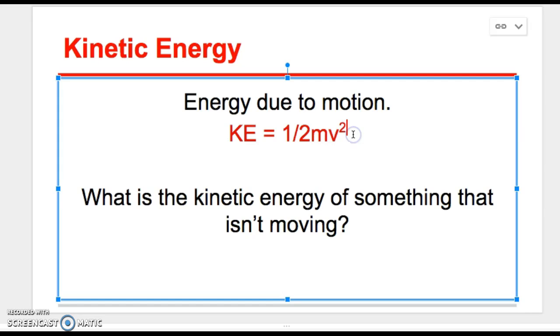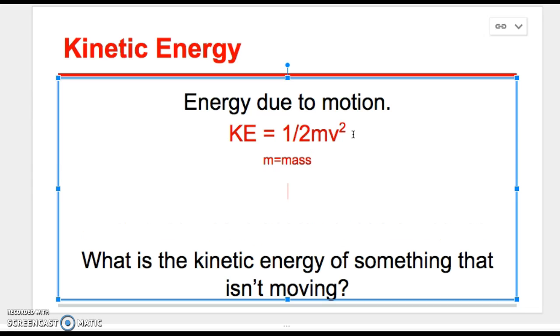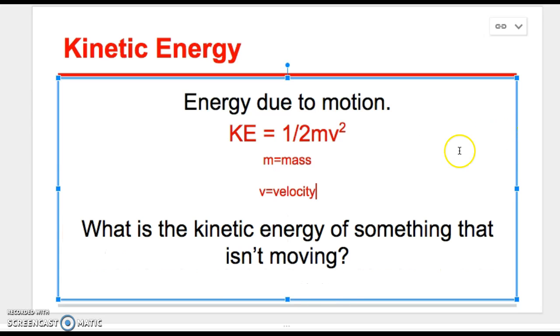M stands for mass, and V stands for velocity. So go ahead and take a second and make sure you have those written down on your paper. M is mass, and V is velocity.